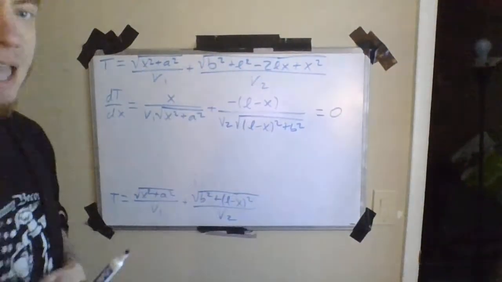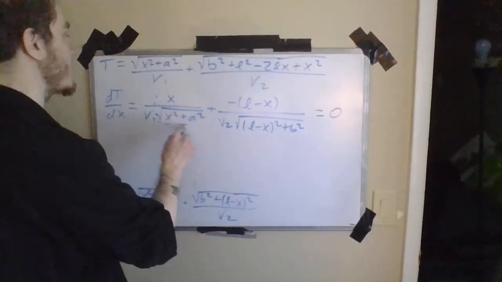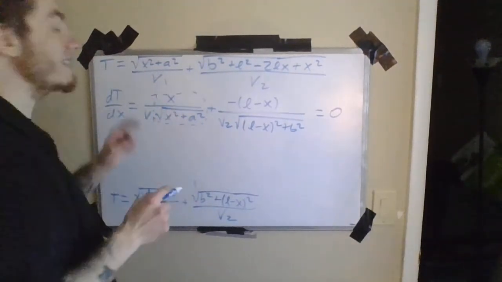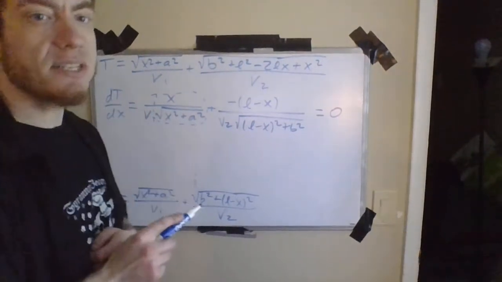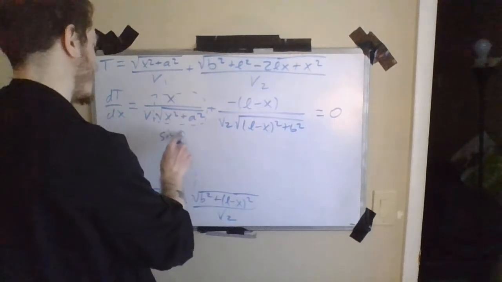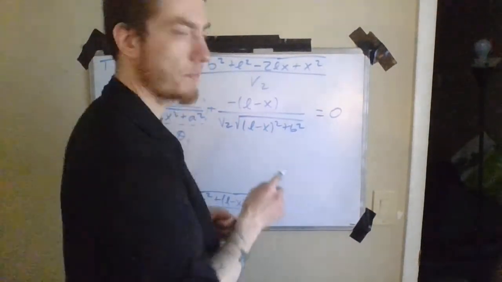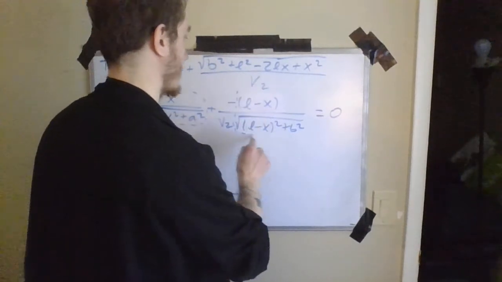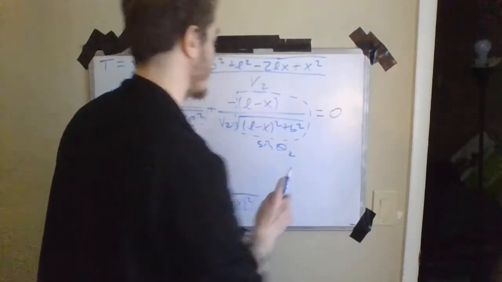Now, at this point, what we can notice is that this quantity here, if you go back to that picture that unfortunately I had to erase, is actually the sine of theta 1. And this quantity over here is actually the sine of theta 2.